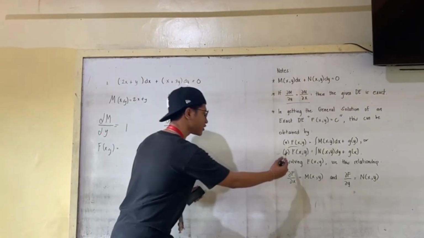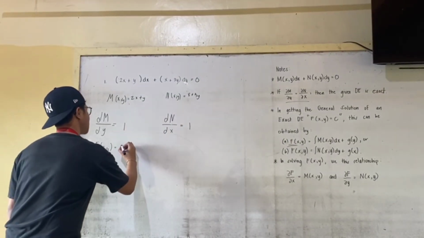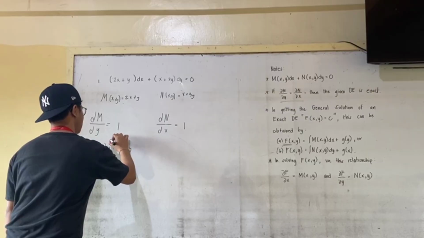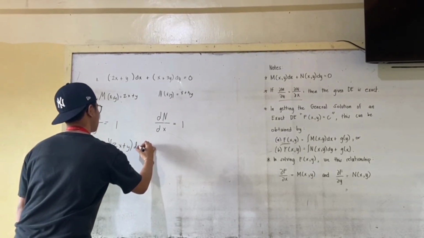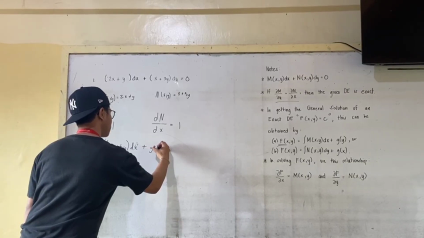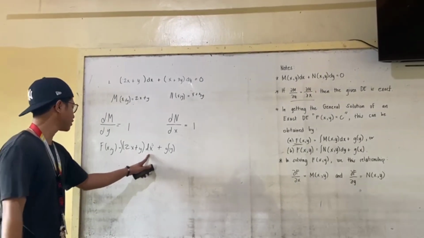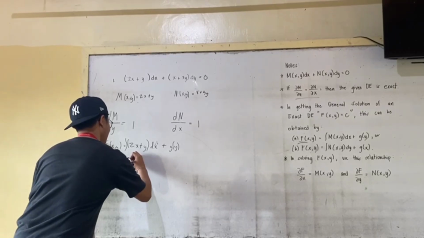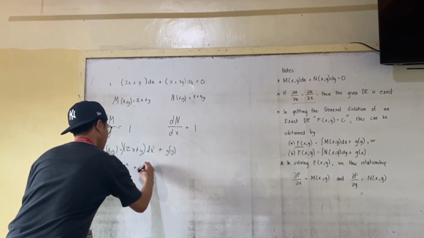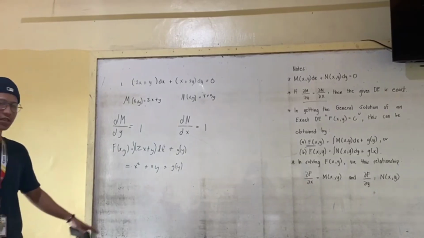Now we will use this formula and write the notes on the formula. So this is M. I'm just going to write it down. Now we will integrate this, and so this is the result.